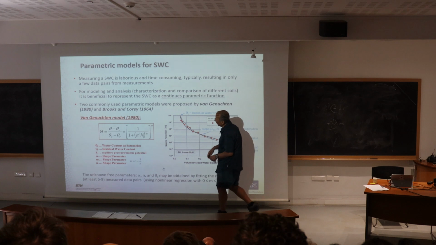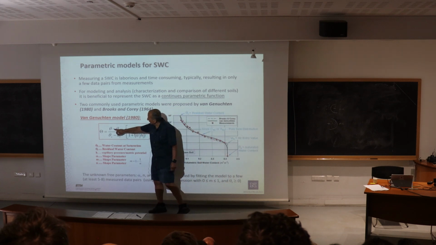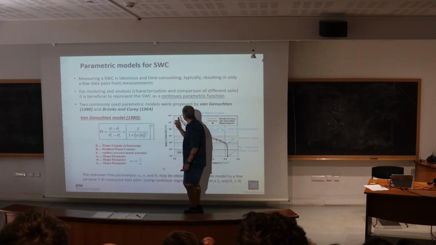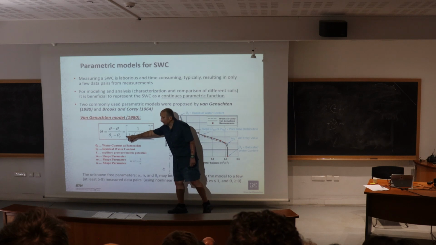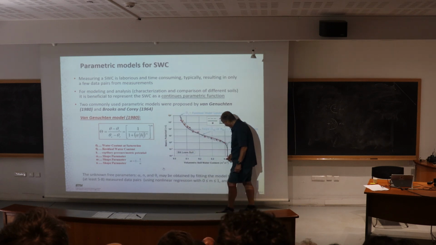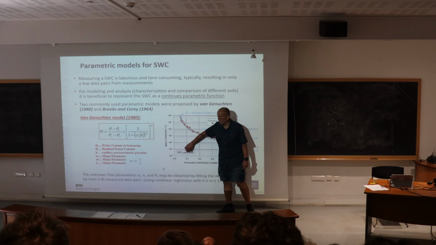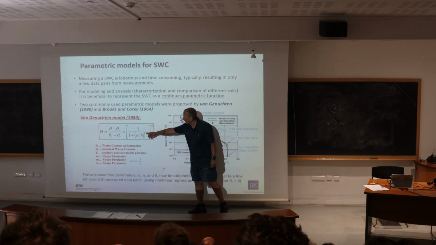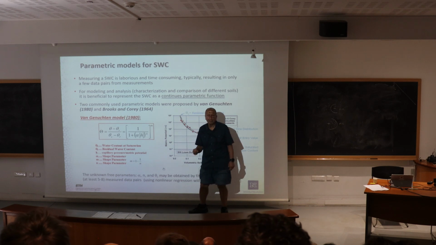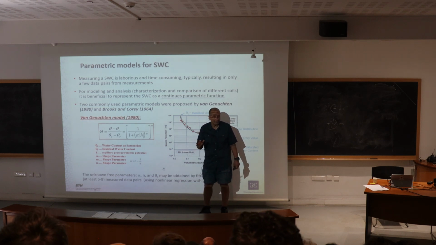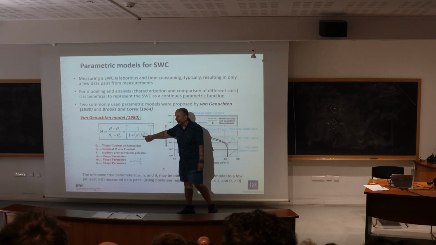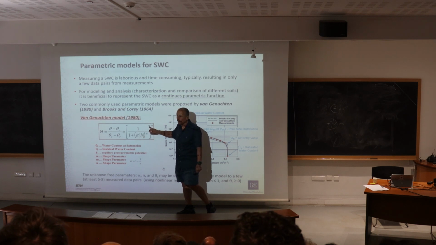So in the Van Genuchten model, we have the relative saturation, theta minus theta r, where theta r is this one, divided by theta s minus theta r, which is the range of water content. This is equal to 1 over 1 plus alpha, where alpha is the parameter which is inversely related to air entry value, generally speaking, times the absolute value of h to the power of n, and all of this to the power of m.